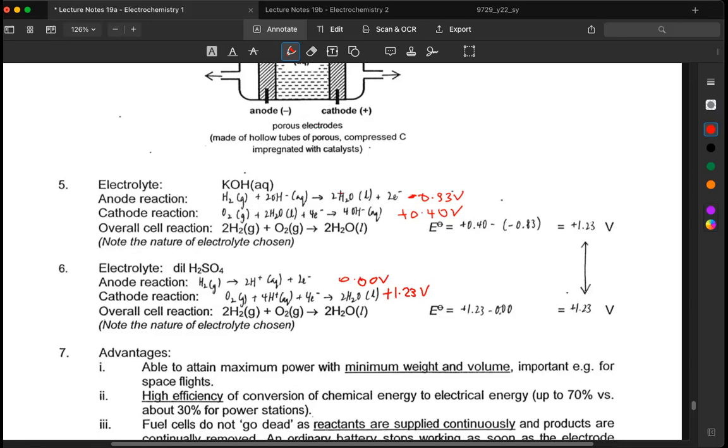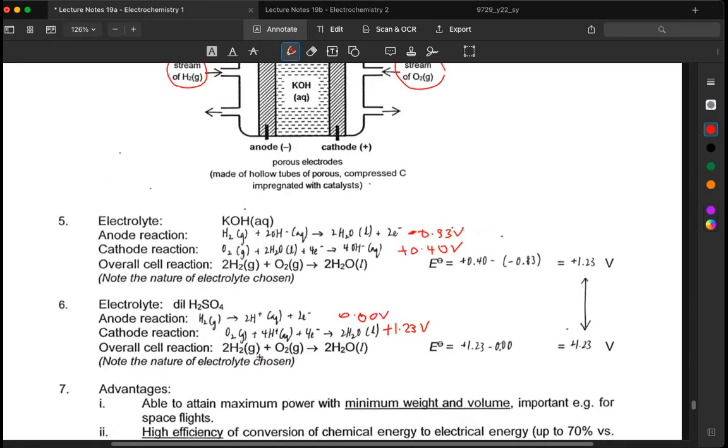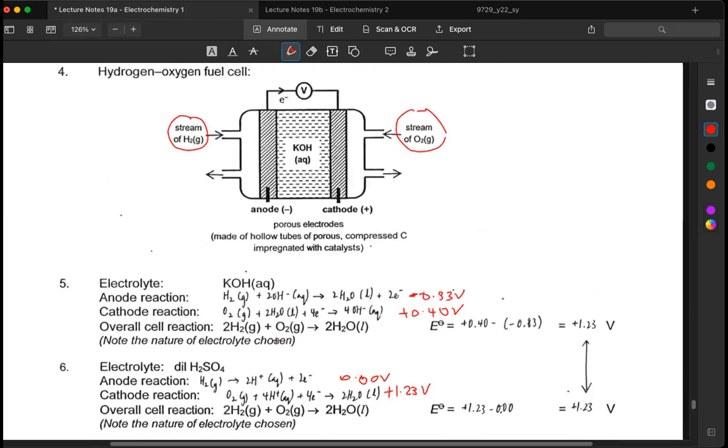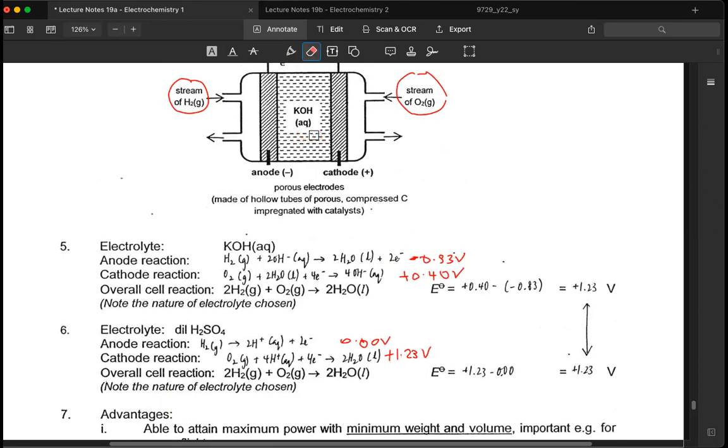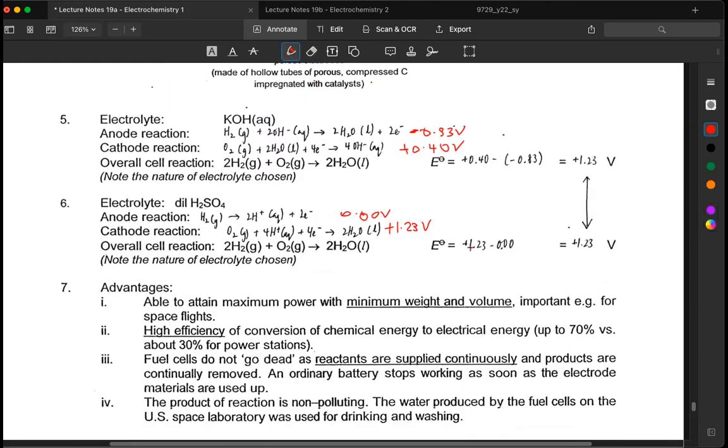Because it's not alkaline, it's H plus. If you change the electrolyte, then it will be 4H plus. So this one can be acid also. So 4H plus, 4e minus form water. Then you have E° cell plus 1.23 volt. So despite the different electrolyte used, your E° cell will still be the same.